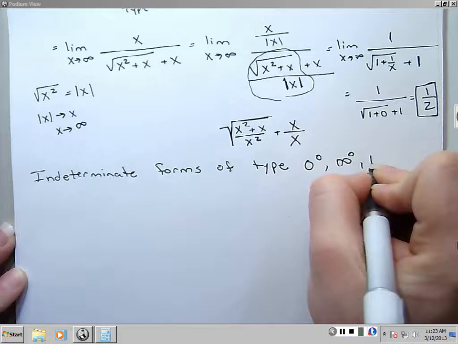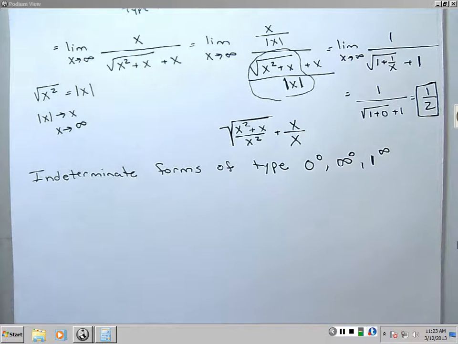So these are 3 types that we're going to have to use logarithmic differentiation to solve for what the limit is going to be.